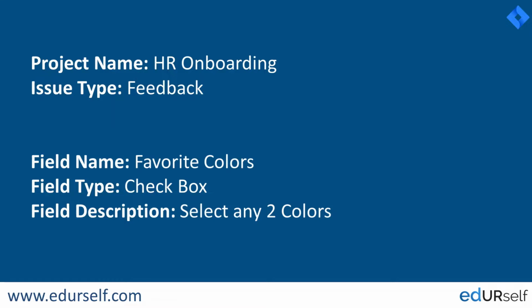And the field type is going to be checkbox, which means at a time the user will be able to select multiple values. And the field description states select any two colors, and we are going to see how to perform the activity in the Jira Software cloud environment.